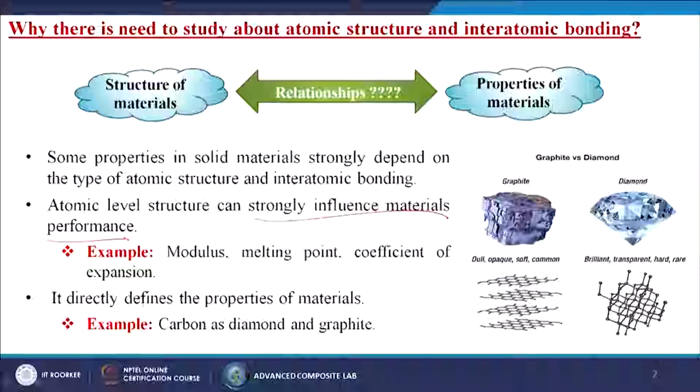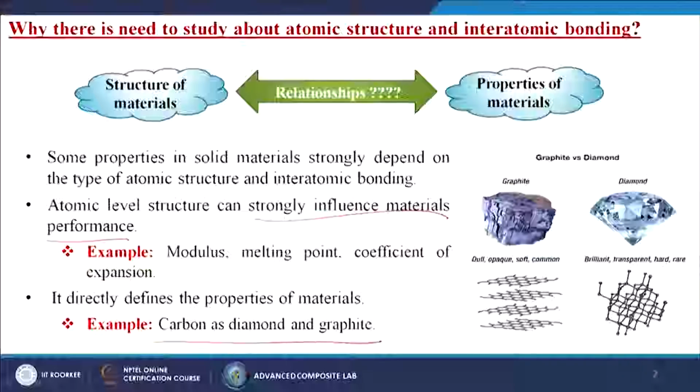From that point of view we can get information about materials like carbon as diamond and graphite. On the right hand side you can see the example of graphite and diamond. Graphite looks dull, opaque, soft, and is a common, easily available material. Diamond is very brilliant and transparent, glittering and reflective in nature.